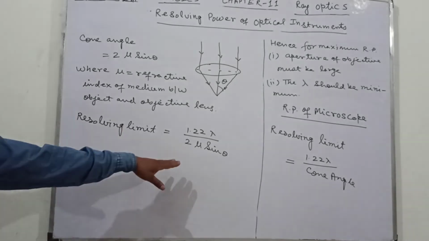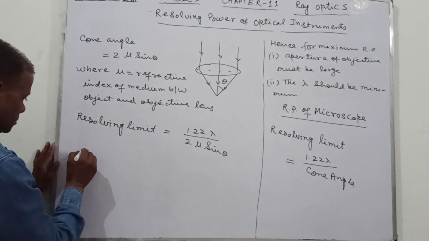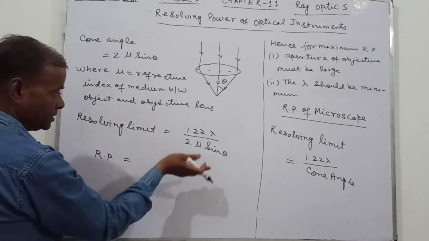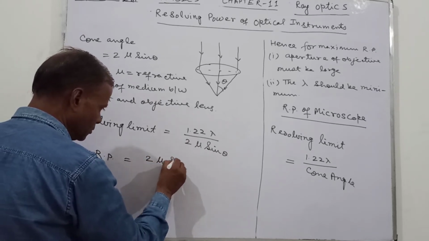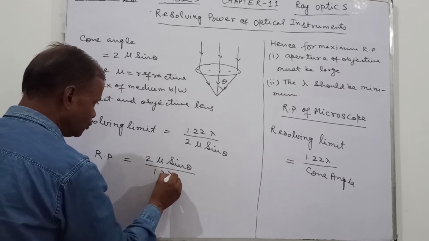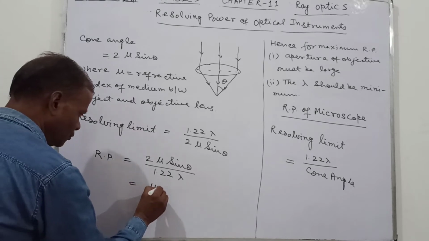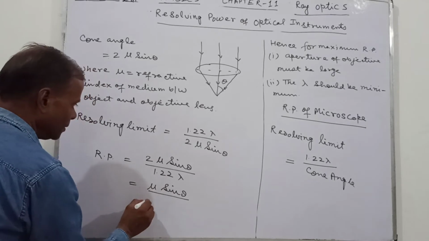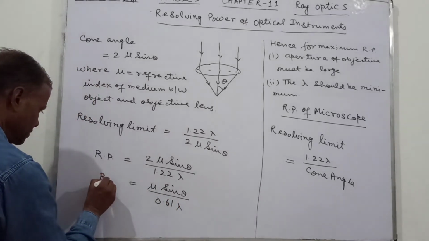Therefore the resolving power is just the opposite: 2 mu sin theta upon 1.22 lambda, which is equal to mu sin theta upon 0.61 lambda.